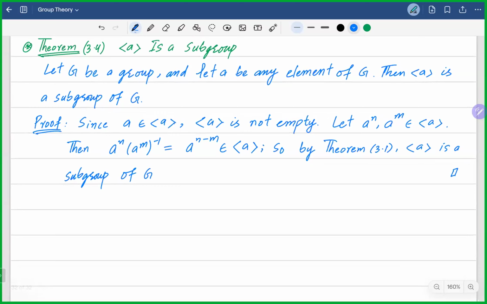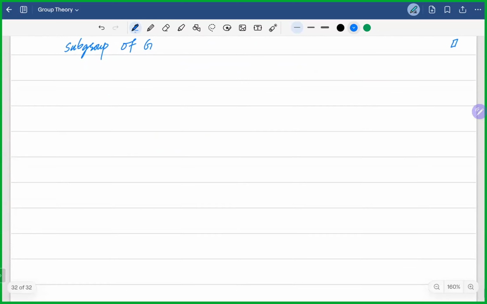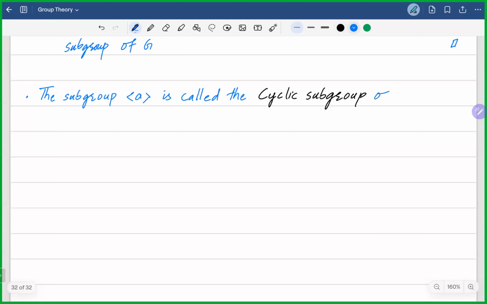Now, a subgroup which is generated by an element a of a group is called the cyclic subgroup of G generated by a.